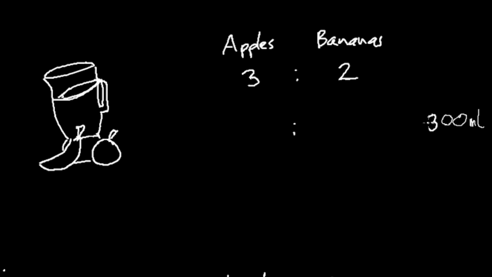The issue with this one is, do you see the 300 mils as the total of the actual mils, and this part's the ratio here. So we need to find a ratio that has a relationship with this 300 mils. Because it's the whole of the smoothie, can you see it'll be made out of the 3 parts of apple and the 2 parts banana? So the total is actually 5 in the ratio part.